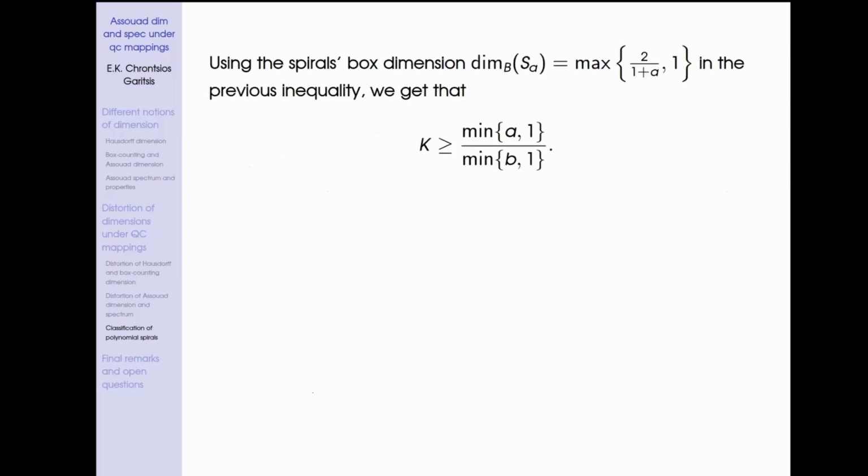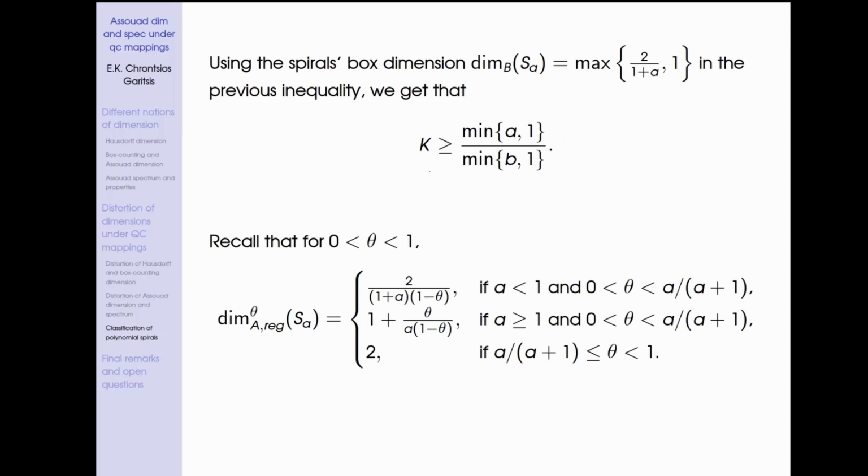If we plug in the dimension formula proved by Fraser in that estimate by Kaufman, we get that K actually needs to be greater or equal than the minimum of A, 1 over the minimum of B, 1. And if A and B are both less than 1, we would be done. But that doesn't resolve the problem in its full generality.